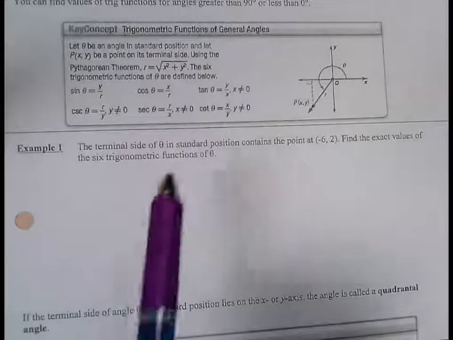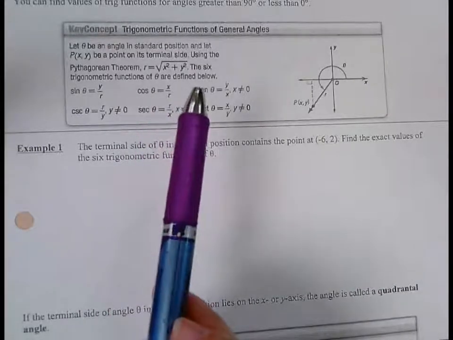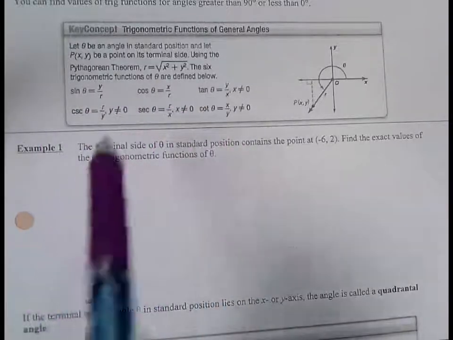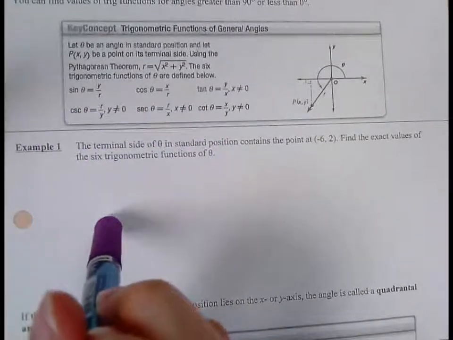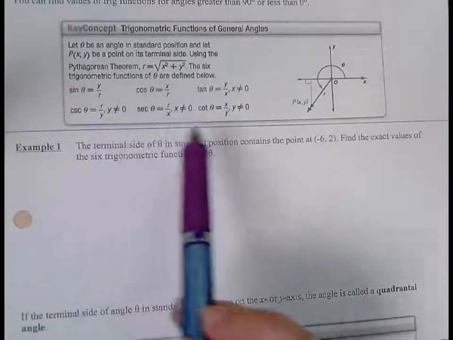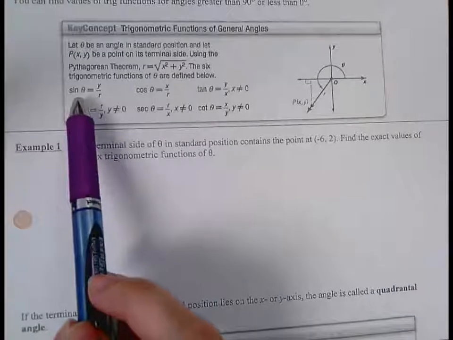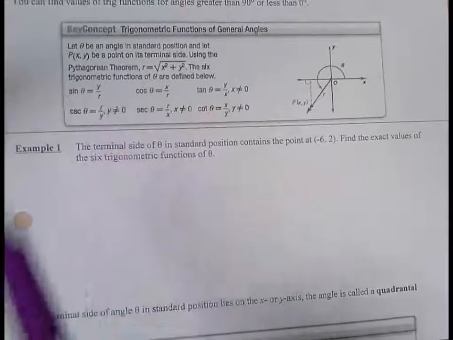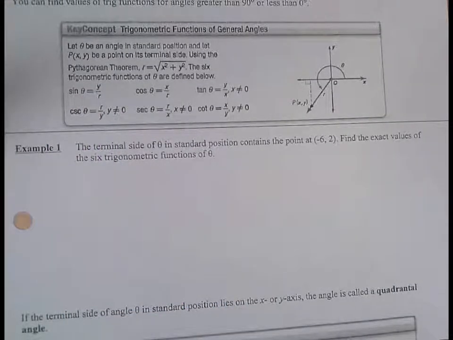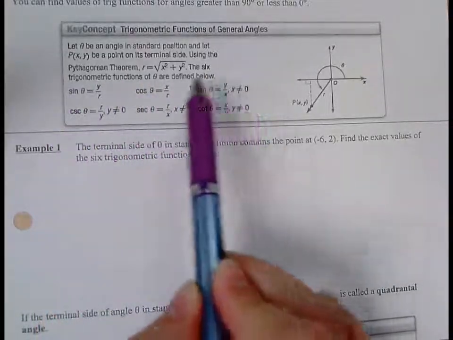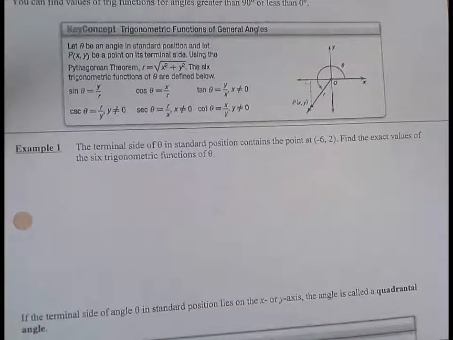So I do want to stress here, for some problems you will actually need this. I would argue for example 1, what is written here does not have to be memorized. So for example, sine of theta is y over r. Do you have to memorize that? No. So I'm going to go through example 1, not even referencing this part, just using what we covered in 12.1.